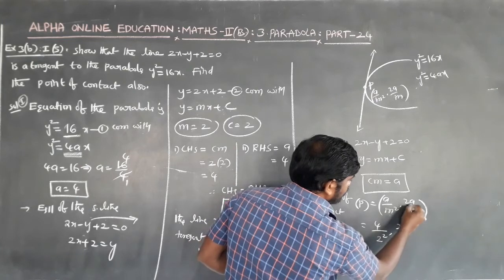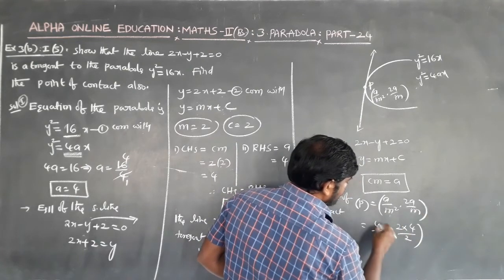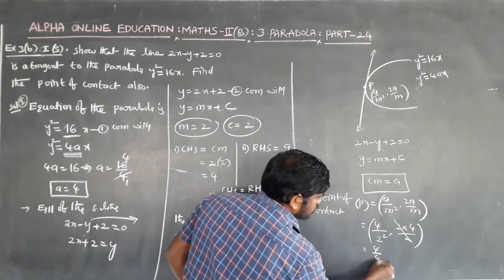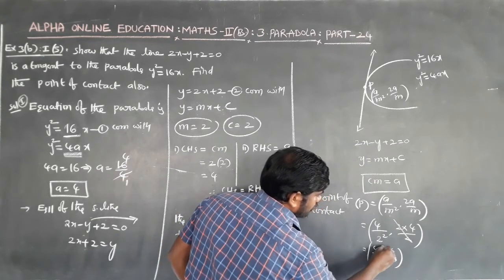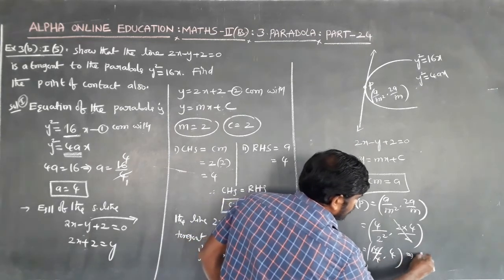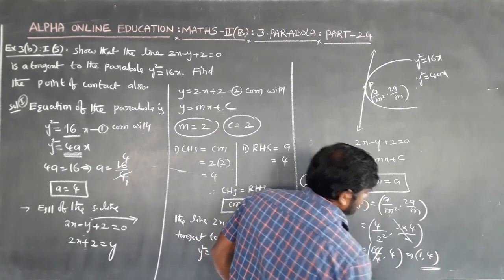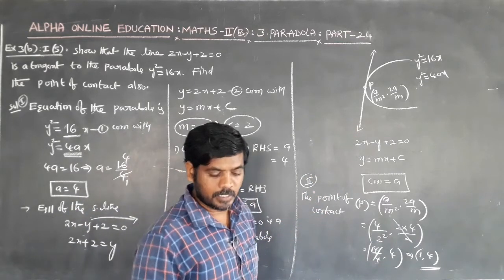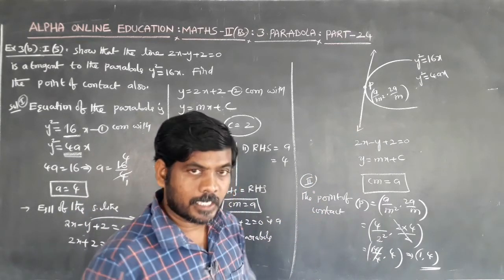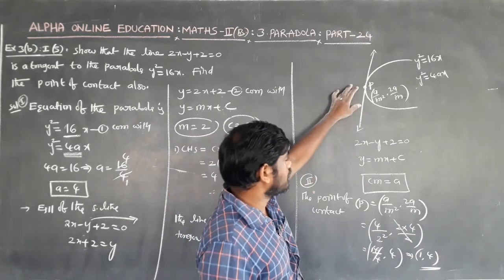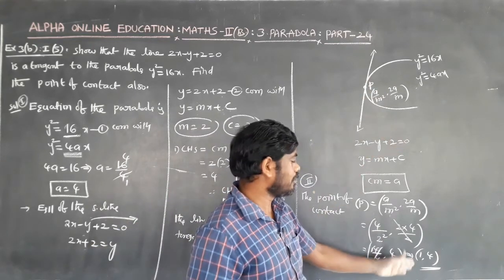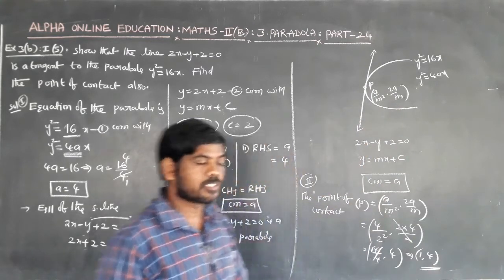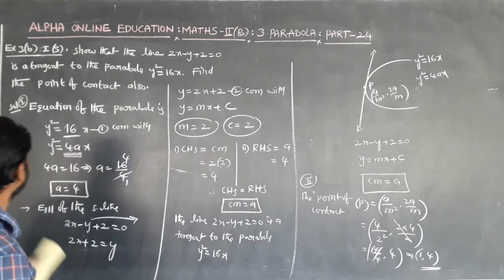So 4 by 2 square, 4 by 4, is 1; 2 into 4 by 2, 2 cancel, is 4. So the point of contact is 1 comma 4. The point of contact is a by m square comma 2a by m; substitute the a, m values and simplify.